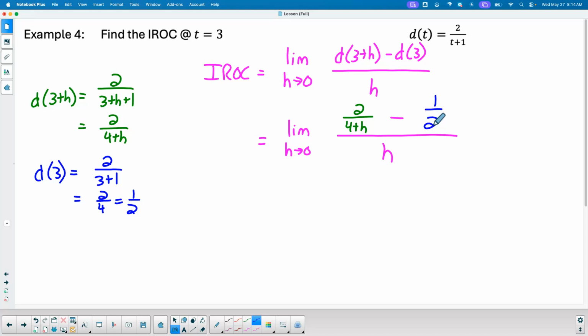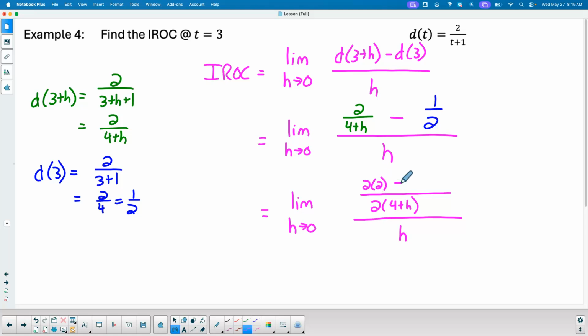Yeah? Okay. If I want to simplify the top, what do I have to have? Common denominator, right? Okay. So my common denominator is going to be 2 times 4 plus h, right? Okay. So this first one is missing a 2.